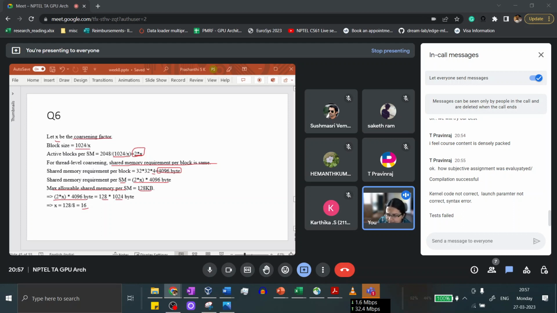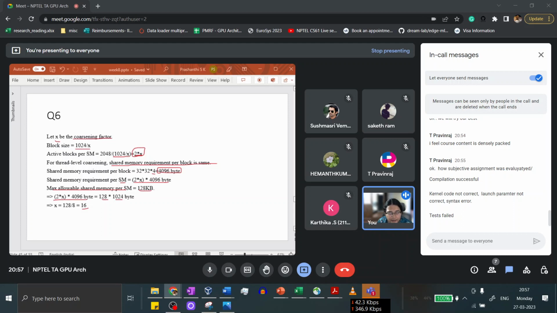Syntax errors and things like that, I'm not sure how they check, but each of these test cases, these steps might have had points, right? Like compilation successful might have fetched you some points, launch parameters might be another step, and then tests passing might fetch you some more marks and things like that.